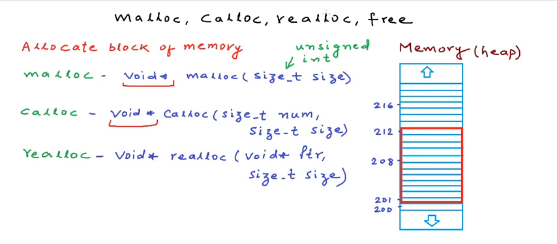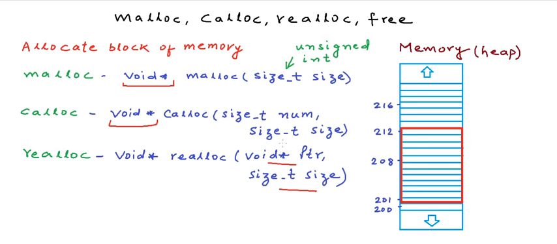The first argument is a pointer to the starting address of the existing block, and the second argument is the size of the new block. There can be a couple of cases in realloc. The size of the new block that we want may be larger than the size of the previous block. In that case, the machine may create an entirely new block and copy the previous data, whatever bytes were written in the previous block, into the new block.